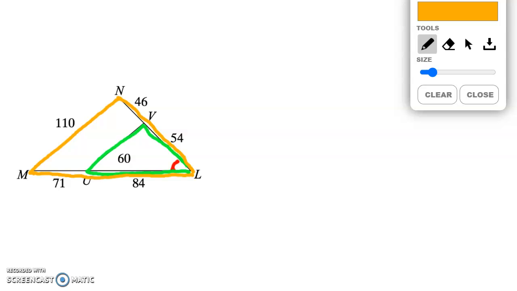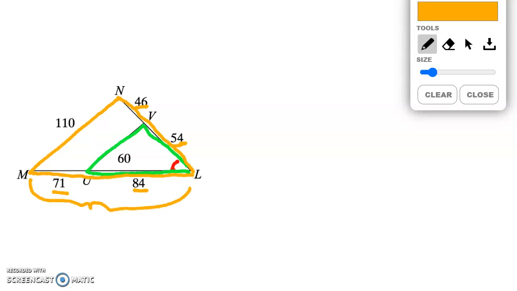I know that corresponding angles, the vertices, it's a common angle for both triangles. That means it's going to be congruent. So we already have an angle. That means we don't have to check all three sides to be proportional. We can just check the two adjacent sides from the angle. So which is 54 here and 46 here, and 84 here corresponds to this length here.